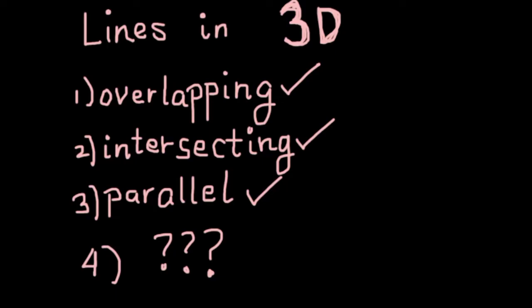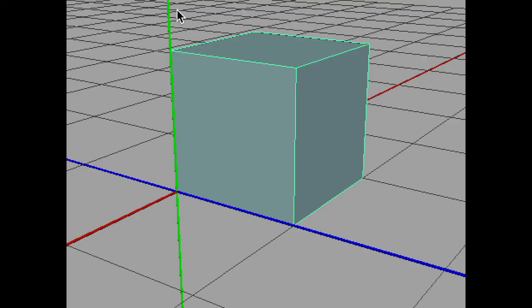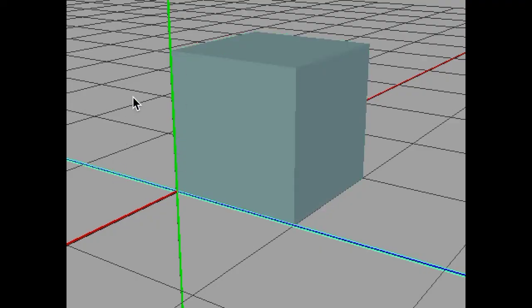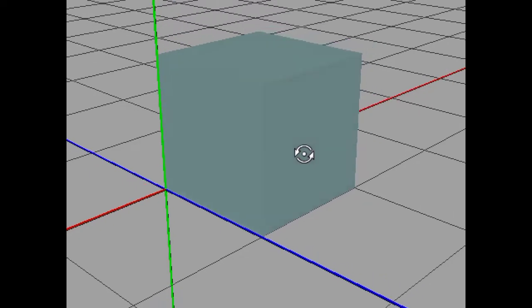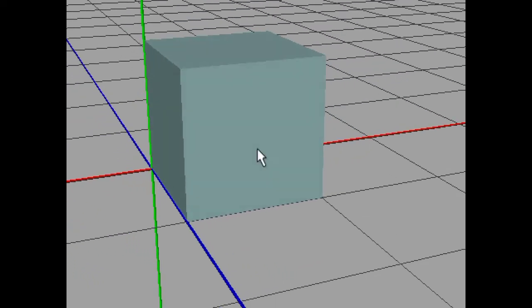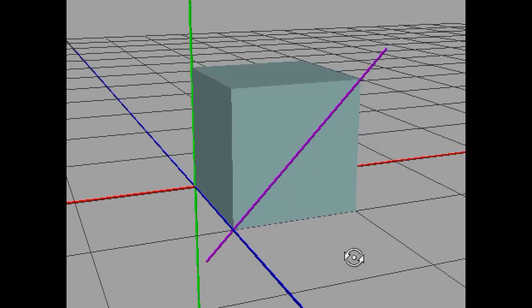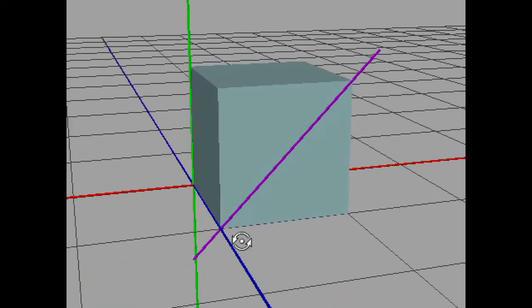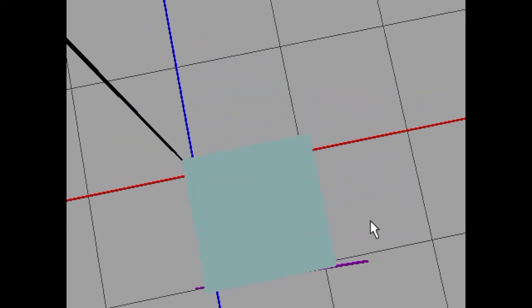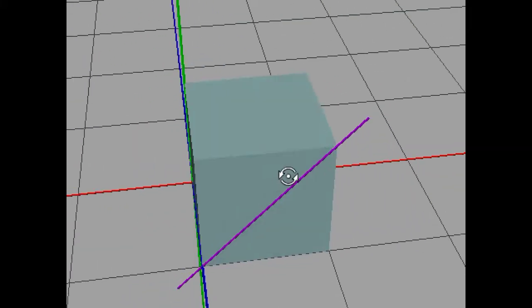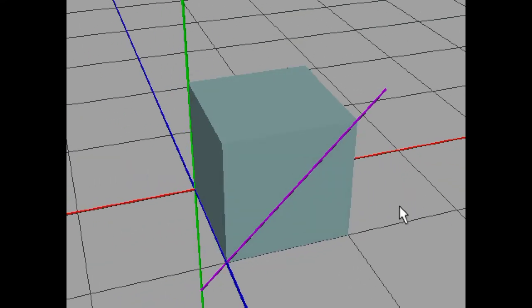So let's see this scenario in 3D. If we take a cube in 3D whose corner is at the origin, let's suppose the red line indicates the x-axis, the blue line indicates the z-axis, and the green line indicates the y-axis.